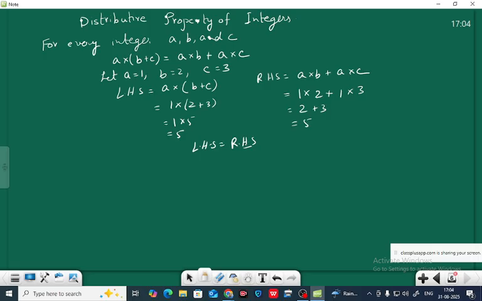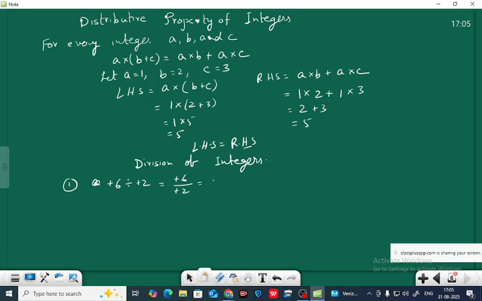Now we'll find the division of integers. This is very much important. In division of integers, suppose I am taking a number, suppose number is plus 6 divided by plus 2.